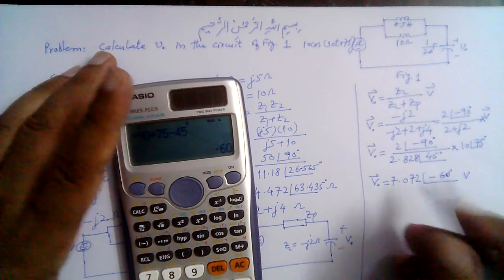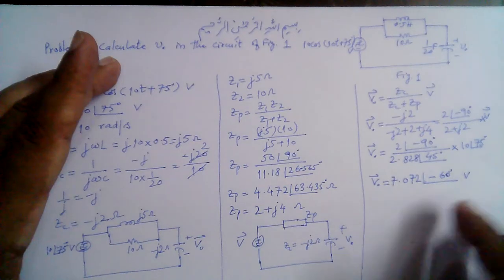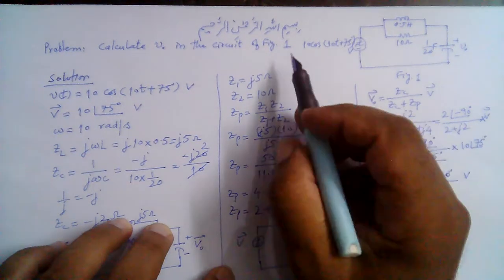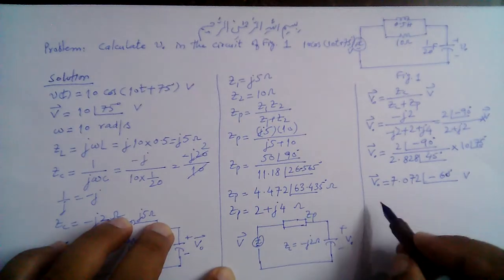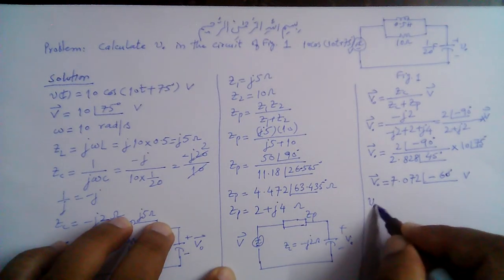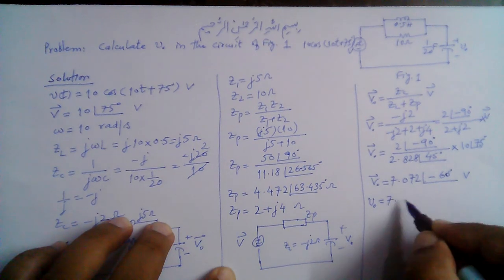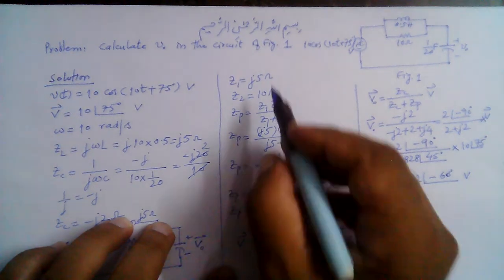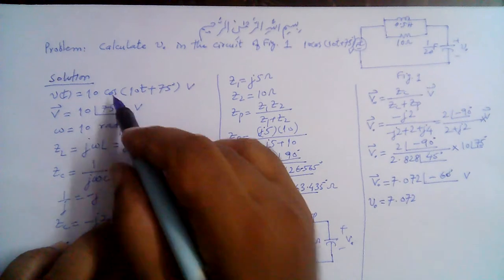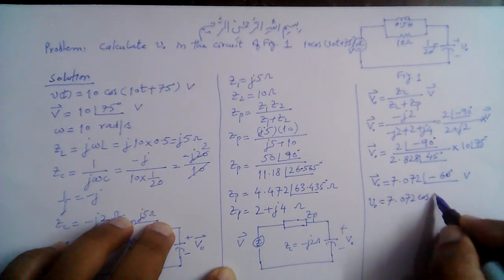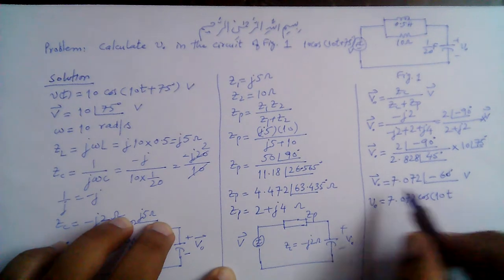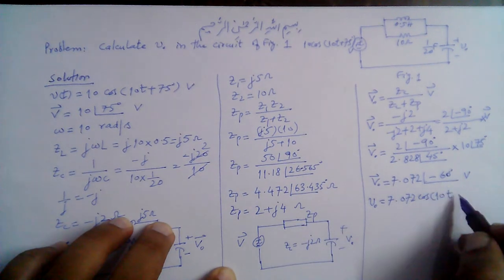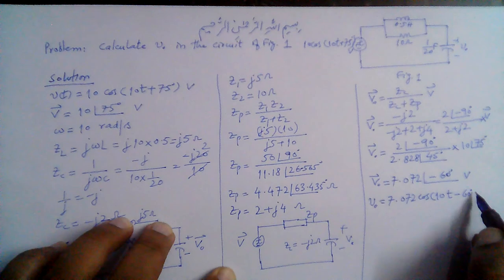So this is the answer in the phasor domain, but the problem was given in the time domain. So we need to transform this answer into the time domain. So V naught is equal to 7.072 cos of omega, which is 10, t, and the phase is minus 60 degrees here, volts.